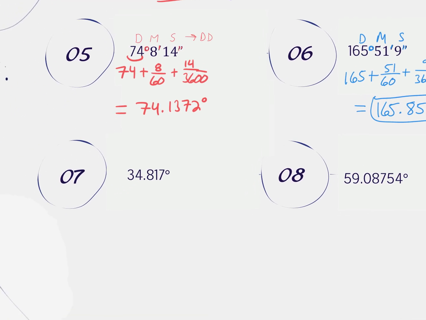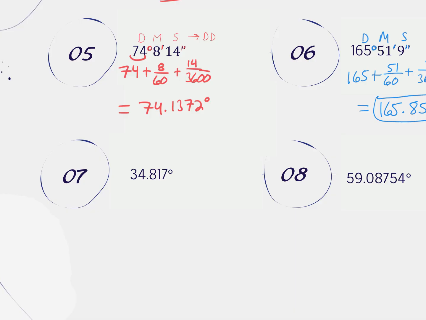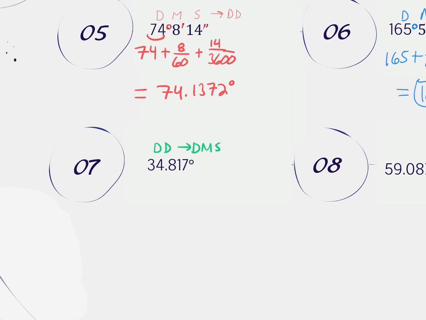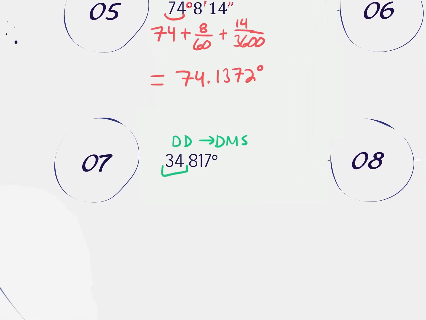I'll show you how to do it if you're already given a decimal degree. There is a way to convert this to degree, minute, second, right? So this is a decimal degree, and I want to convert it to degrees, minutes, seconds. All right. So the whole number of your decimal is still going to be your degrees. So I have 34 degrees. All right, that's the degrees.